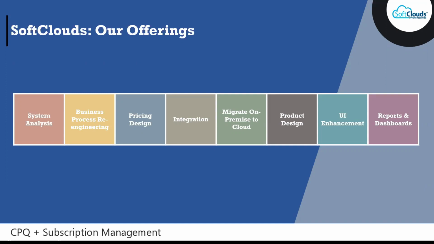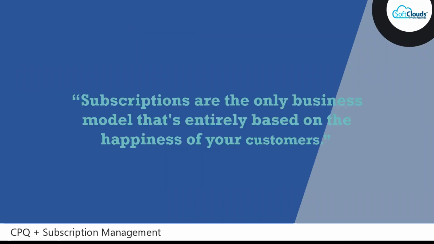We can assist with pricing design, integrations between various applications. We have migrated some systems such as CPQ from on-premise to cloud, UI enhancement, reports and dashboards, and ongoing maintenance. So all of these different things are services that SoftClouds can provide in any of these different areas.